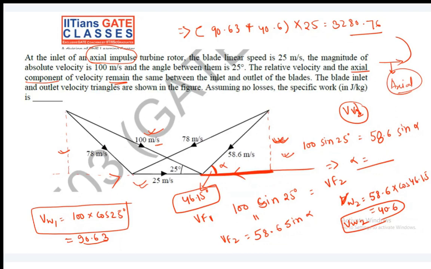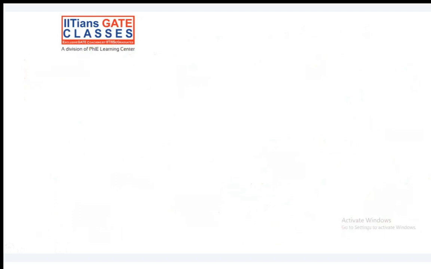Okay, so now let us move to reaction turbines. Reaction turbines. So, unlike the Pelton turbine, meaning the impulse turbine, here we have both.